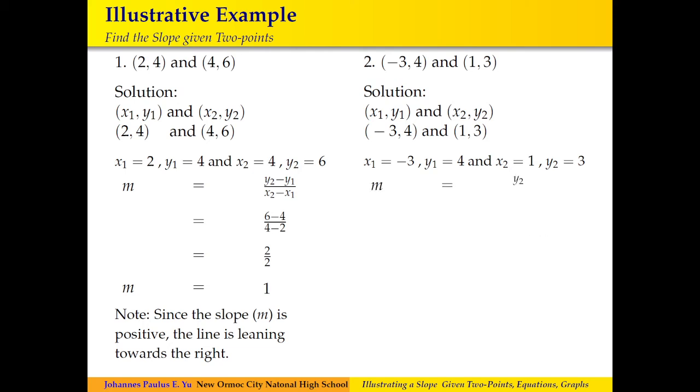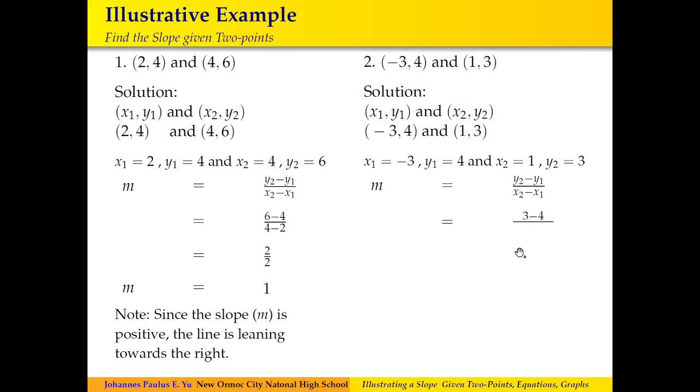So, following y sub 2 minus y sub 1, which is the change in y, all over x sub 2 minus x sub 1, which is the change in x. In substitution, we have y sub 2 is 3, no problem. Then, follow the minus sign. Y sub 1 is 4. For the denominator, we have, be careful of this.